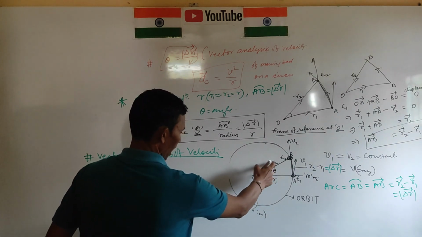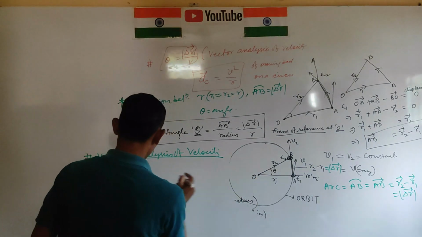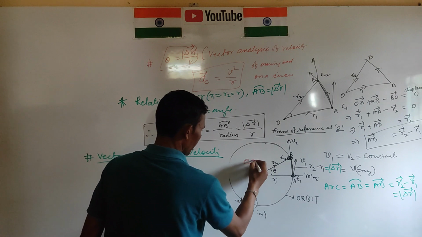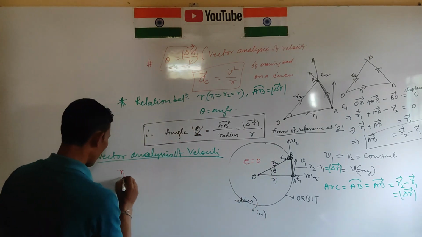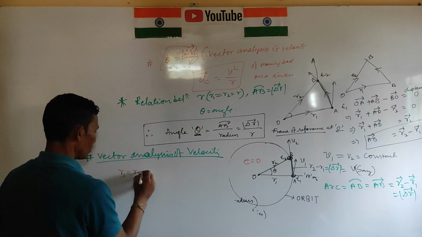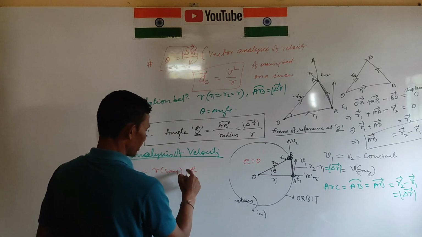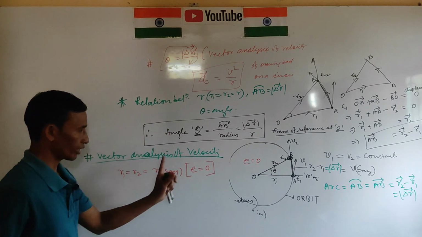R, R1 and R2 are the fixed radius, so we are not considering an elliptical path. Here the eccentricity is 0. In this case R1 equals R2 equals R, because eccentricity is 0 and it is a fixed orbit.